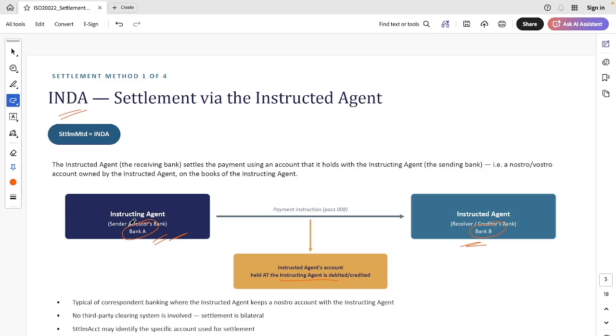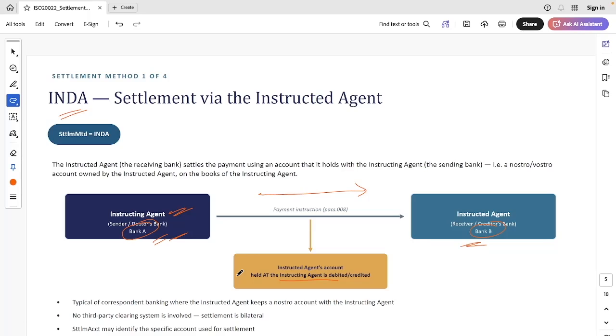So in INDA, the key point is the instructed agent has the account with the instructing agent. You can see the payment instruction flowing from the instructing agent to the instructed agent through pacs.008, but the settlement happens using the instructed agent's account held at the instructing agent. This method is common in correspondent banking when the receiving bank already maintains an account with the sending bank.